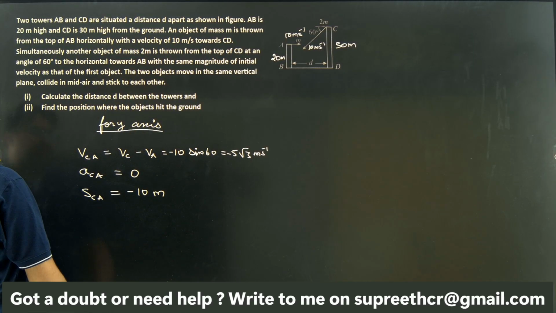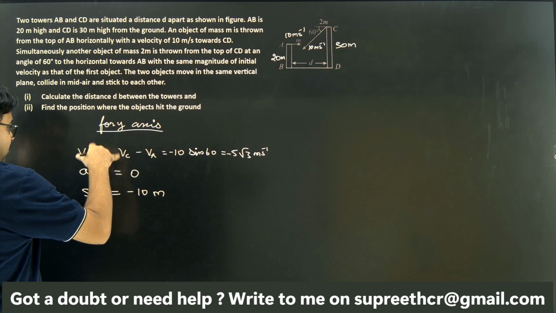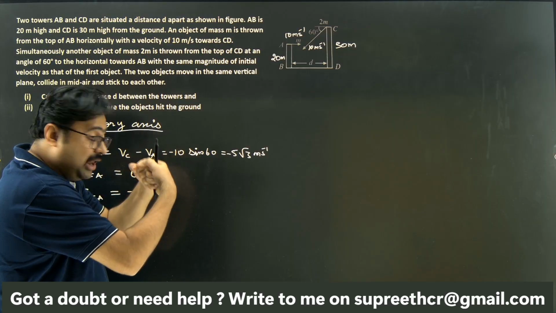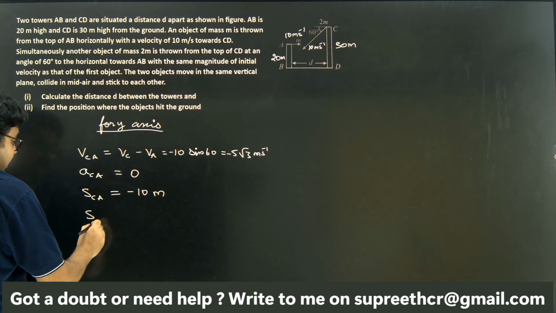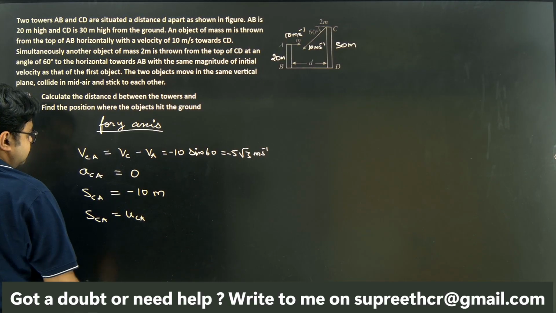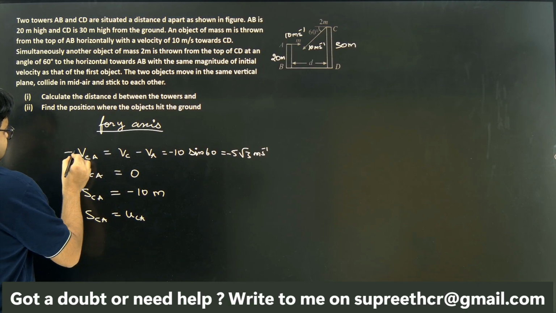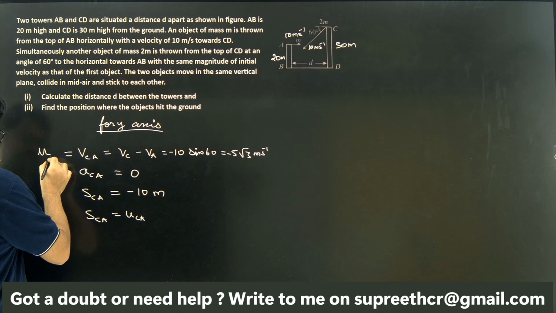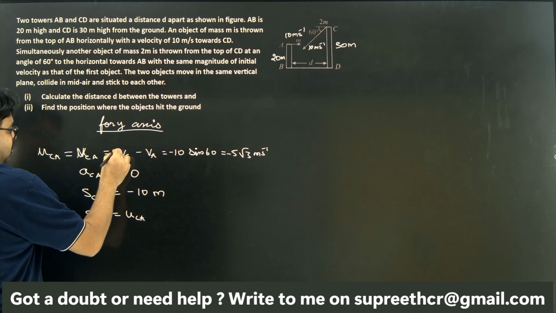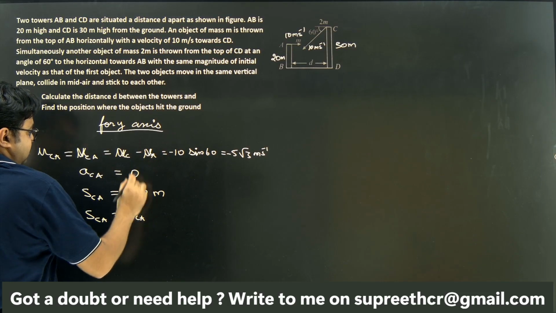Anyway, going further, we will now be able to find the time at which the two projectiles collide. Let's do this. SCA equals UCA. Of course, this is the initial velocity, not a final velocity. Maybe I'll just change all of this to U. It does not make a lot of difference though.